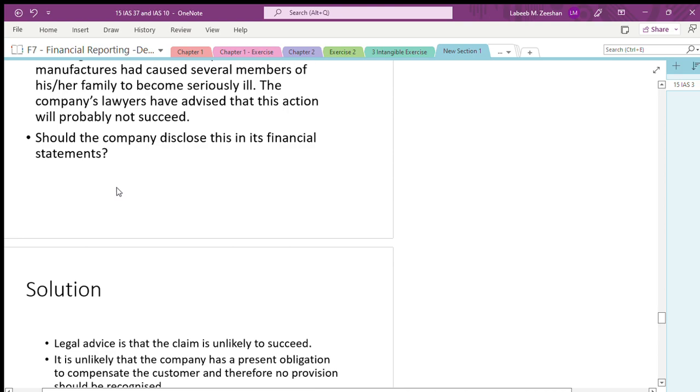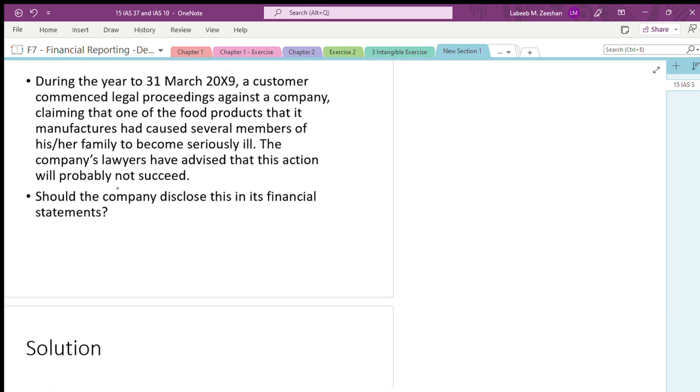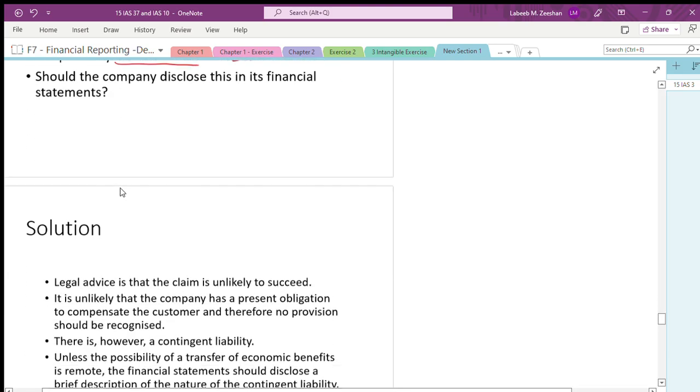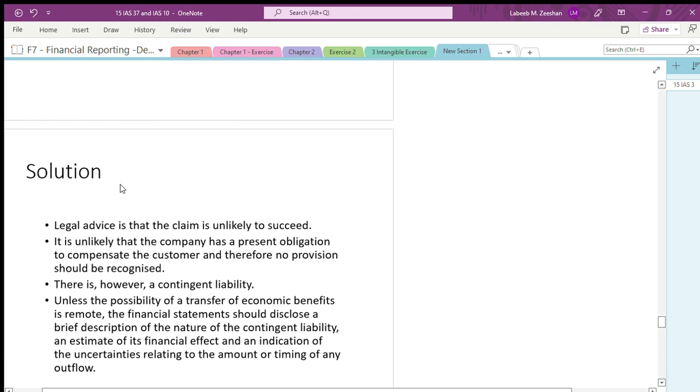They said very clearly that it may not succeed. This is nothing but the best estimate. Legal advice says that it is unlikely to succeed. If it is unlikely, the company has no present obligation.